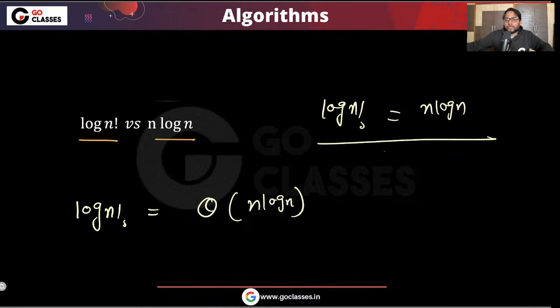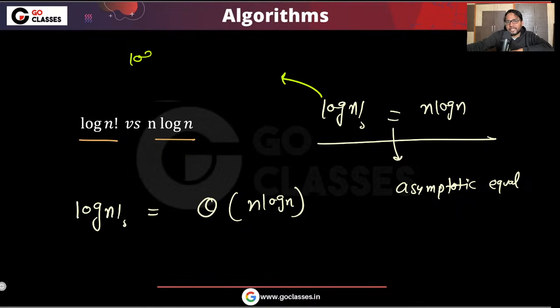These are asymptotically equal. We can also prove this. That's a very easy proof, but currently I'm not doing it. We have done this in our full lectures. You can just try expanding n factorial as n into n minus one, into n minus two, and so on. But the proof is not worth it, so we are not doing it currently.